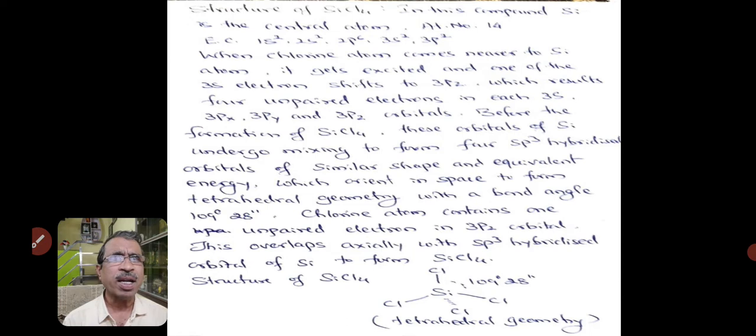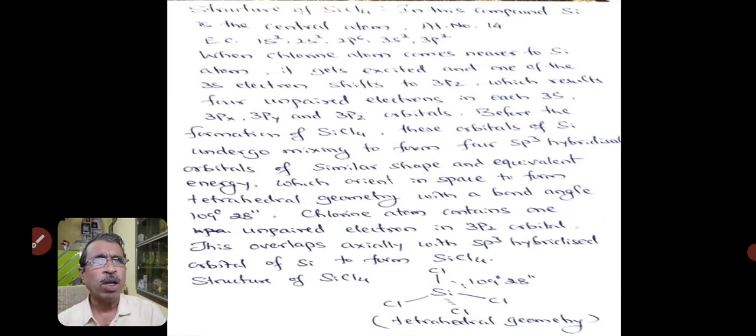In silicon tetrachloride, silicon is the central atom whose atomic number is 14 and electronic configuration 1s2, 2s2, 2p6, 3s2, 3p2. This electronic configuration shows that the silicon atom contains 4 electrons in the valence shell.